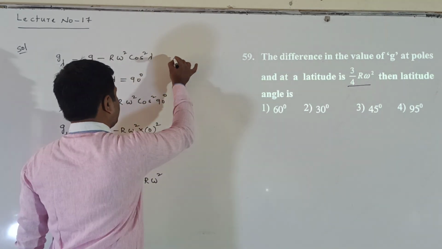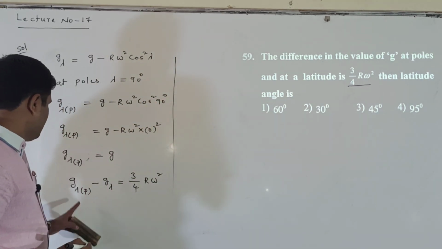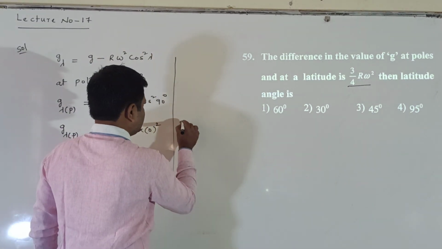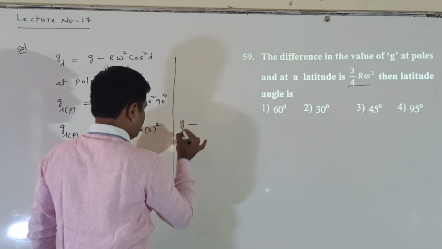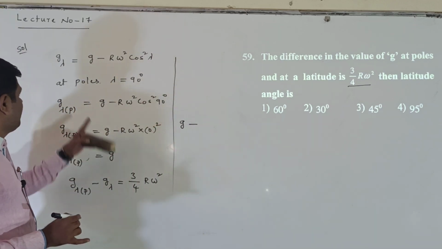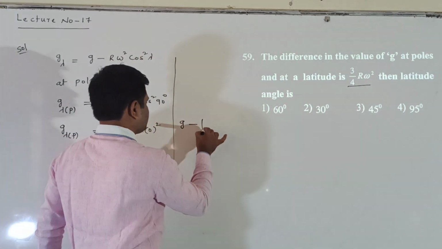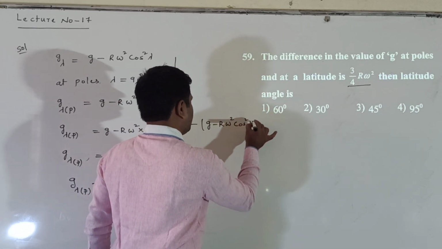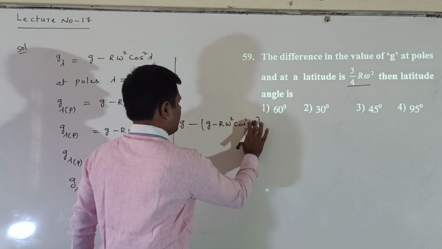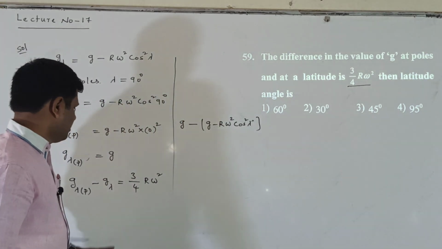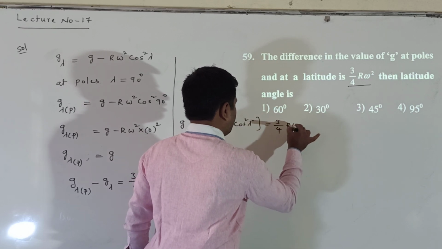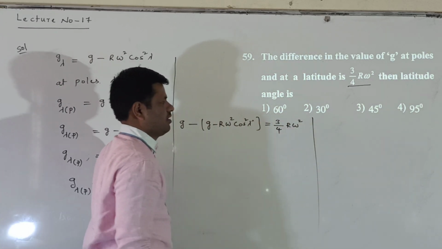So what do we have to make here? g lambda at P is equal to g, so I am substituting g here. g lambda we already know: g minus R omega square cos square lambda. That is equal to 3/4 R omega square. Clear?